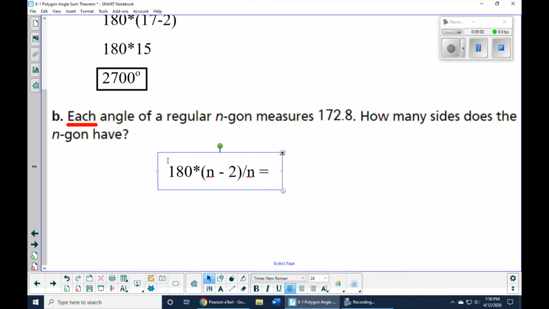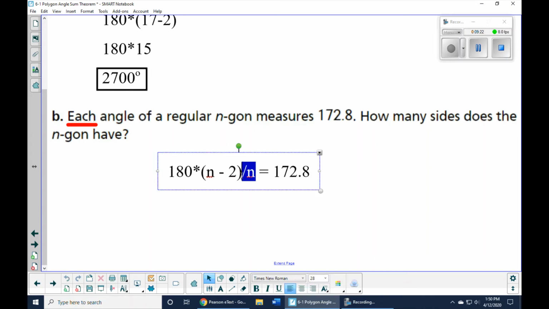That's a couple slides ago. If you need to go back, go ahead and go back. You'll see these on Google Classroom. We need to use that formula because it says each angle. There's the key word, each angle. So we need to divide by the number of sides, equals 172.8.